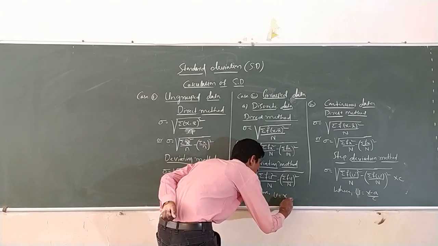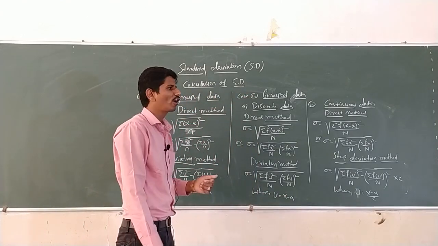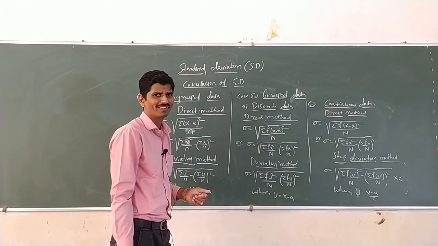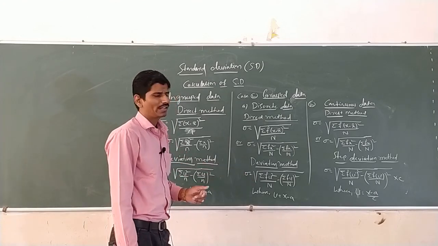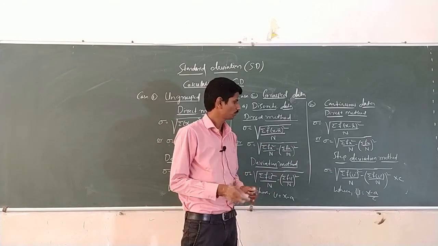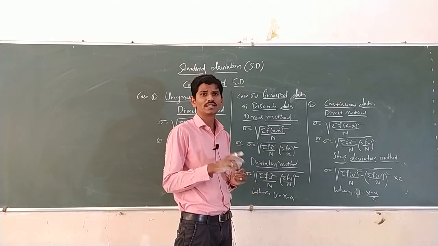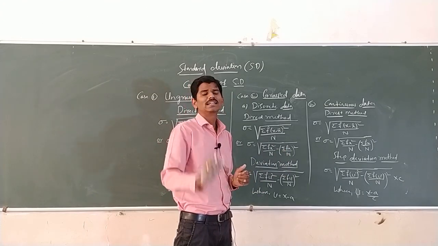Here the width of the class intervals is not used in u equals x minus a, therefore you take u dash equals x minus a by c, because c is the width of the class interval, since class intervals are given.